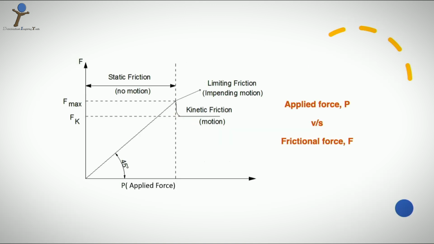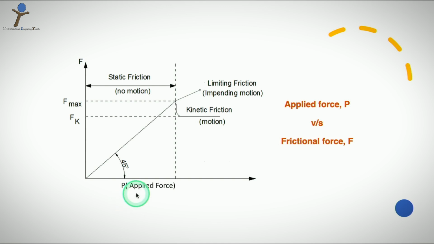Let's illustrate the mechanism of friction using a graph. Let applied force be placed on the x-axis and frictional force on the y-axis. When the body is subjected to applied force, there will be an equal and opposite retarding force on the body, which is known as frictional force.